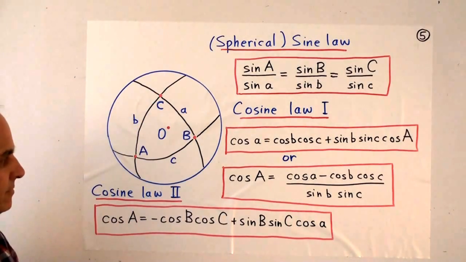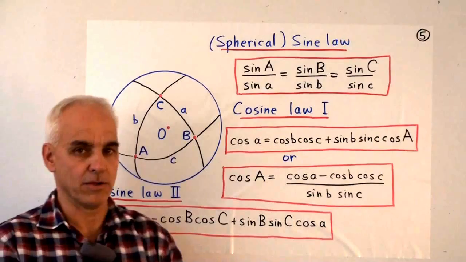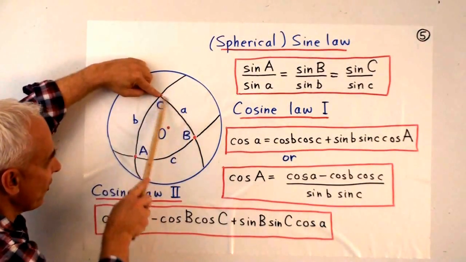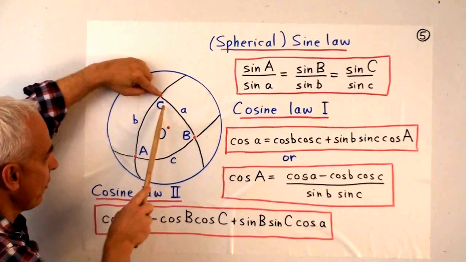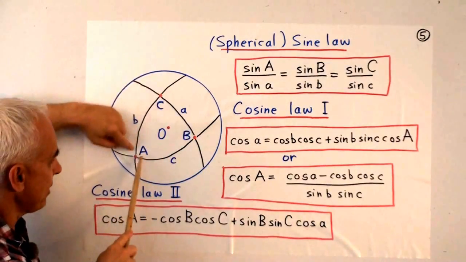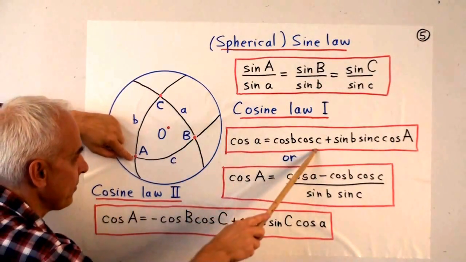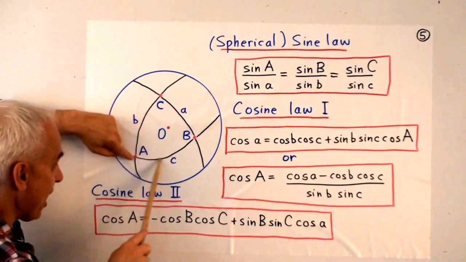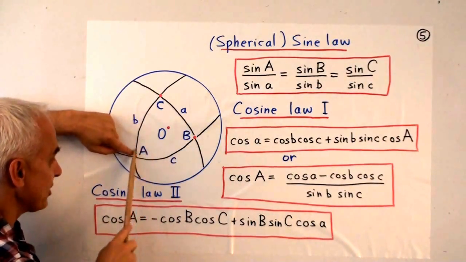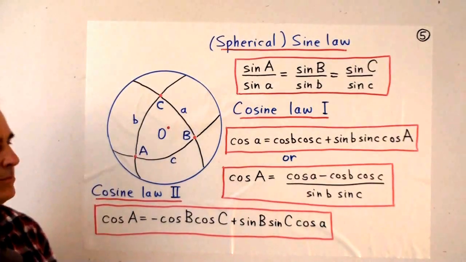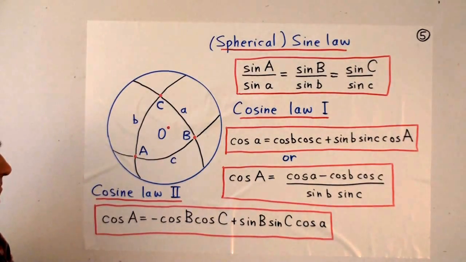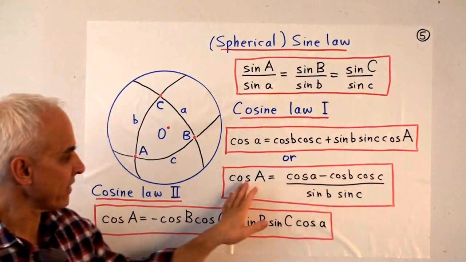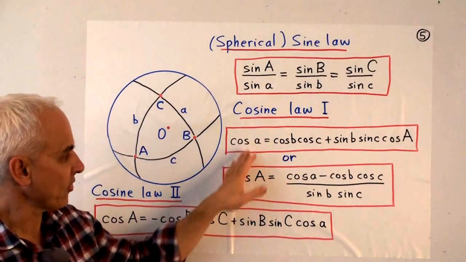The first cosine law says that the cosine of little a equals cosine of little b times cosine of little c plus sine of little b times sine of little c times cosine of capital A. And if we like, we can rewrite that by solving for cosine of capital A. So this is just a rewrite.